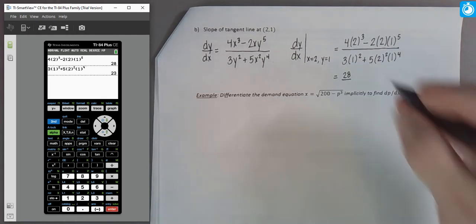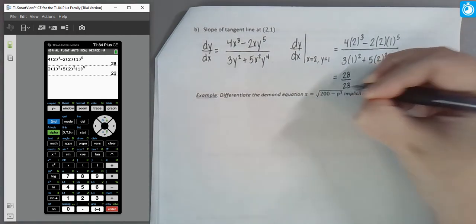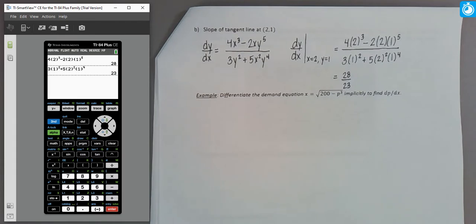And that's going to give us 23. So 28 over 23 does not reduce, so that's going to be the slope of our tangent line. So if we could graph y in terms of x, if we could graph the function, locate this point (2, 1) on the graph, this would be the slope of the tangent line at that particular location.